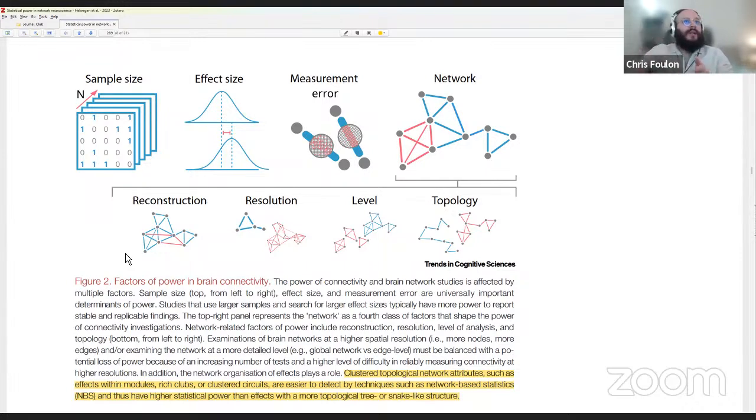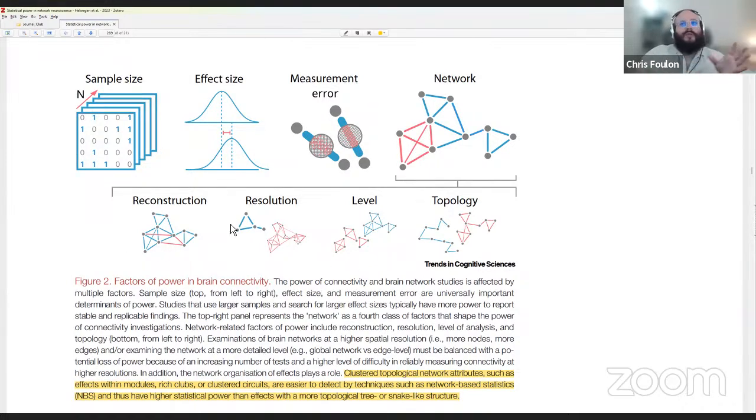That will increase the statistical power if we just look at the effect size and the sample size, because we reduce the number of comparisons. But that actually reduces the statistical power in the sense that we are potentially missing some actual effects.